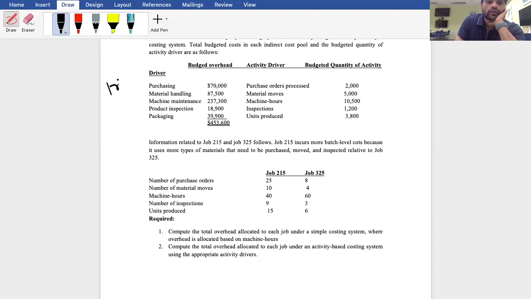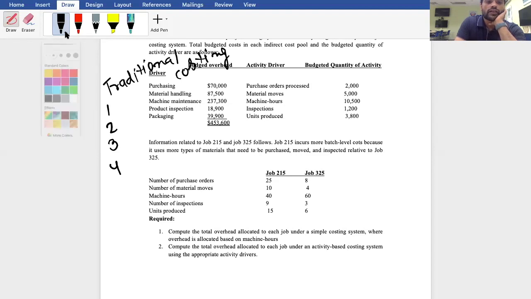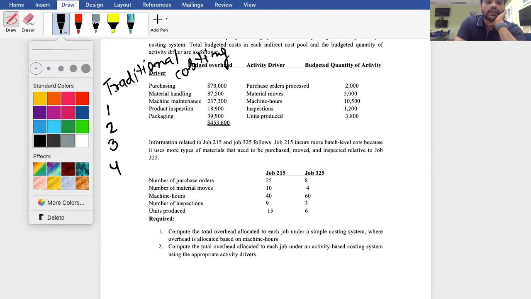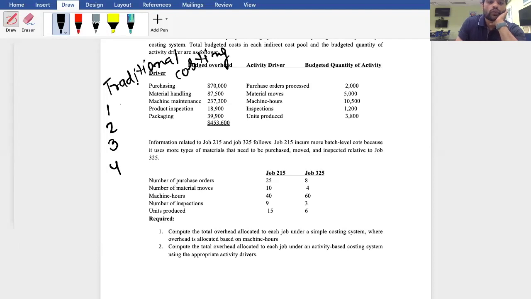First of all, you need to do traditional costing, right? In traditional costing, we have step 1, 2, 3, and 4, right? For step 1, we need to find out overheads, right?